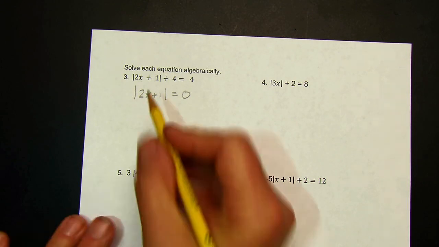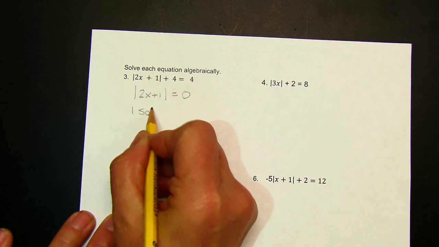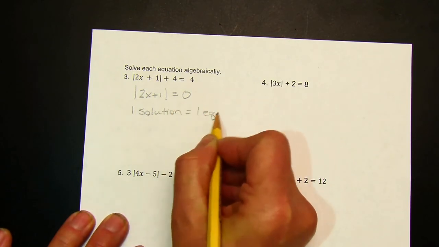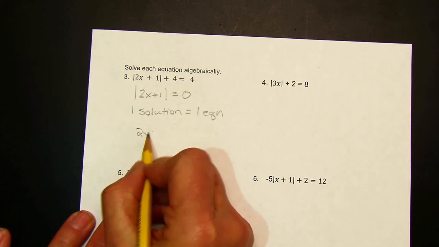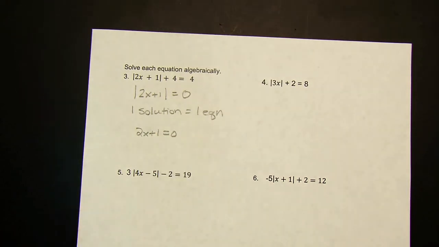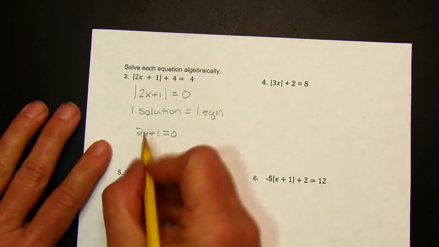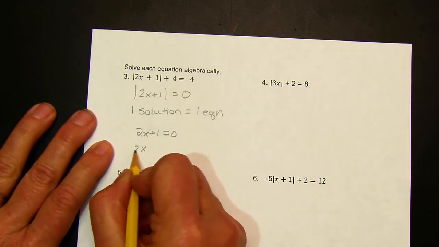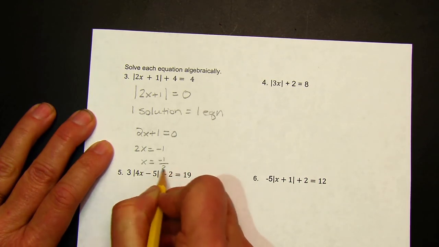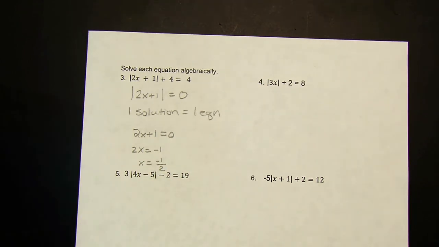Okay? So the only solution, so one solution equals one equation. And that equation is 2x plus 1 equals 0. And so solve that, subtract 1 from both sides, and then divide by 2, x equals negative 1/2.